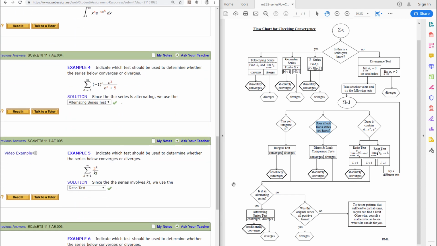I think if you follow the flow chart here as you try to tackle some of the problems that you guys are doing, then you might be able to get used to some of these tests, get to know some of these tests a little bit closer. And aside from this flow chart, it might be good to have the details of the p-series, the geometric series, the telescoping sum.